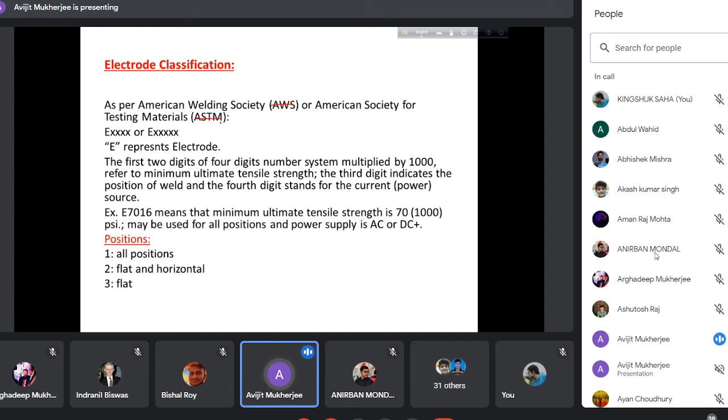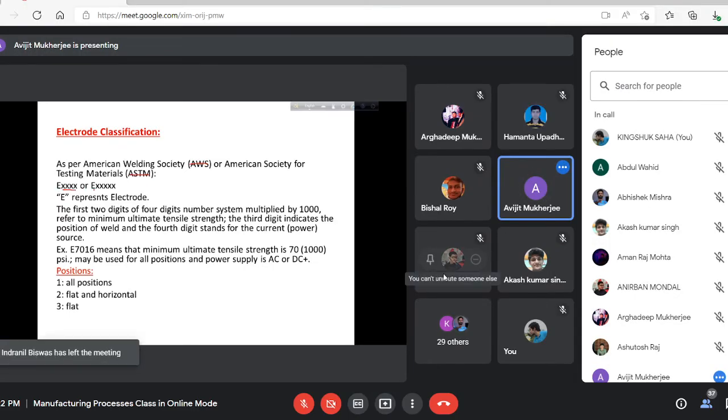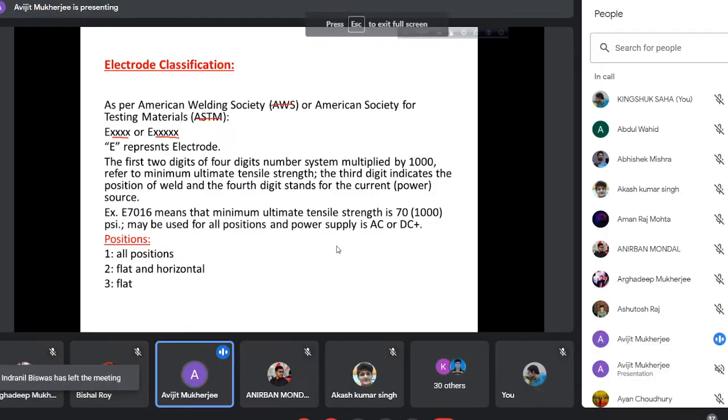They classify electrodes like this: E followed by 4 digits, or E followed by 5 digits. E stands for electrode.